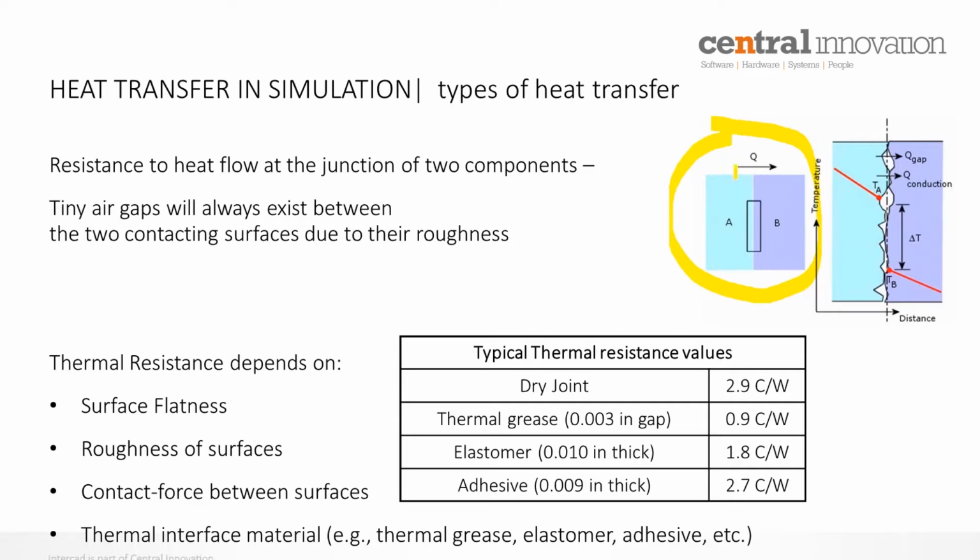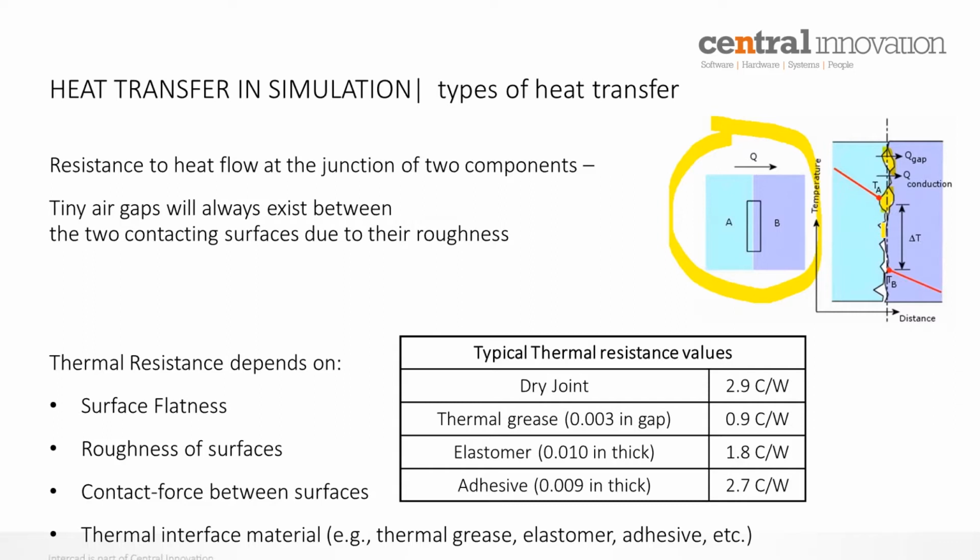However, in reality, we often will have air gaps, and the flow of heat through the air gaps will be significantly less than that of the areas that are touching. So those air gaps and roughness and the amount of contact pressure between the two faces can all affect the conductivity between the two touching faces.